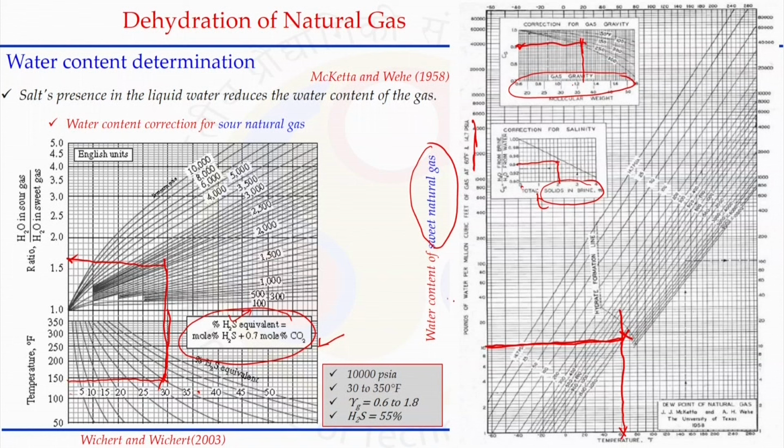So, from the chart on the right hand side we can get the H2O in sweet gas condition, and using the left hand chart we can convert this to estimate the H2O in the sour gas.